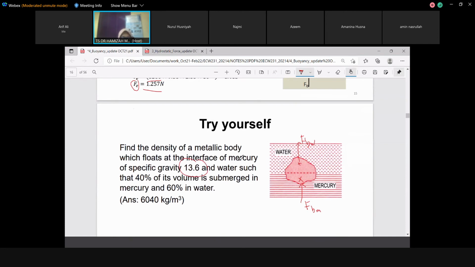And then dia punya submerge, 40% of its volume is submerged in mercury and 60% in water. So this buoyant force kena darab dengan 40% untuk mercury, 60% untuk water. Okay, and we get the total of floating 100%.